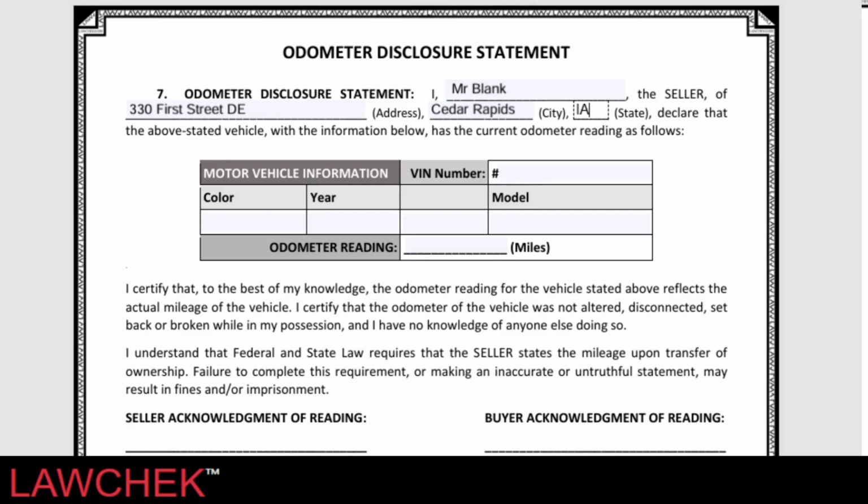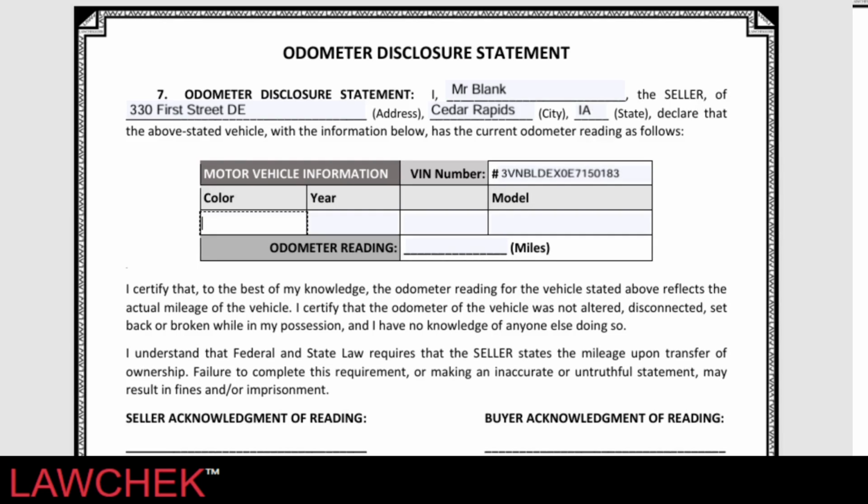Only the seller needs to put their information here, not the buyer. But we want to include the odometer reading here, which is federal law. And we're going to go ahead and put in a quick VIN number to reflect that it's the same one as above.